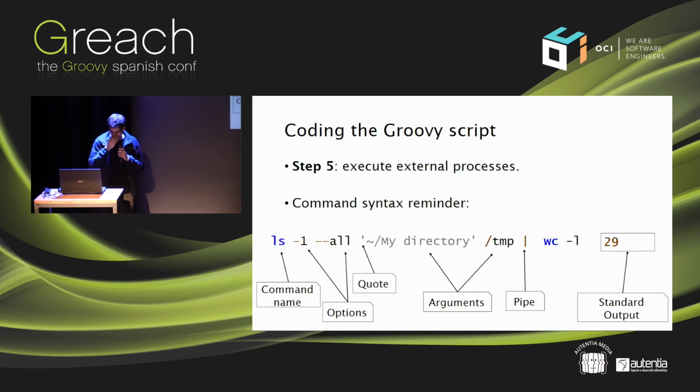Remember, how do we execute an external process in Groovy? When we execute a process in our favorite shell, we write a command line like the one that appears on the screen, and we specify a command name, some options to modify how the program will behave, and the arguments, which is the information to pass to the program that we want to execute.